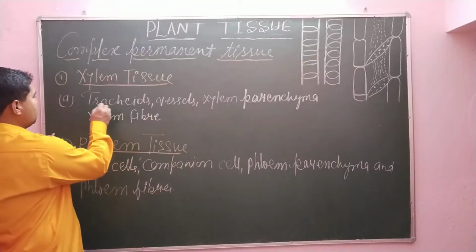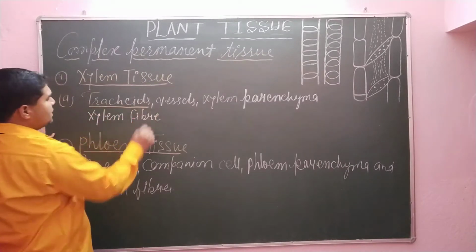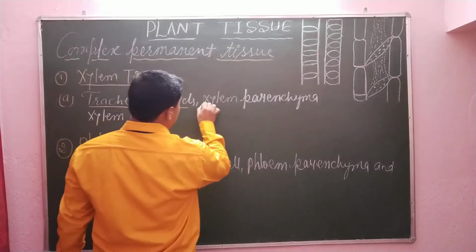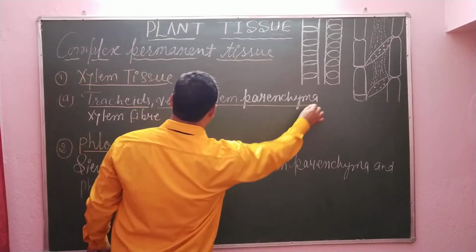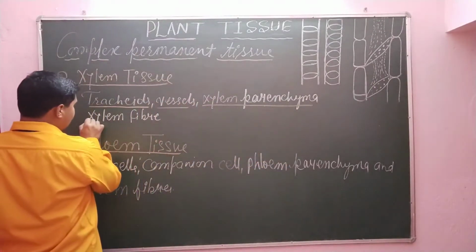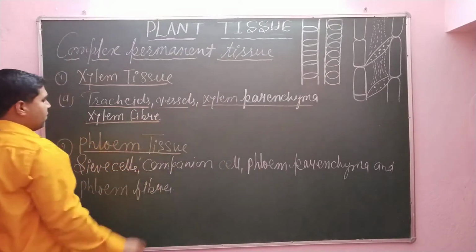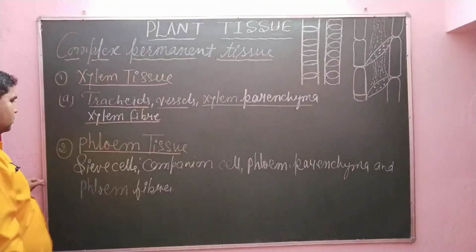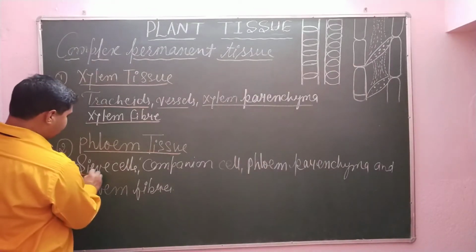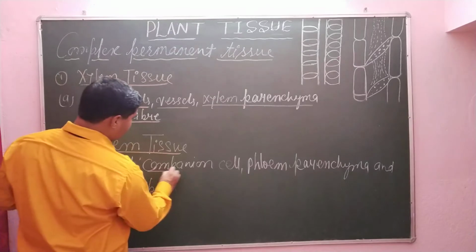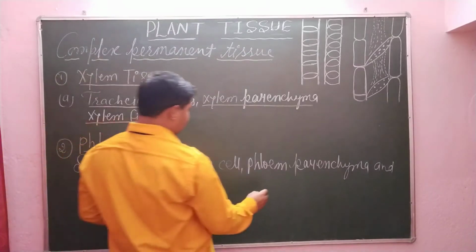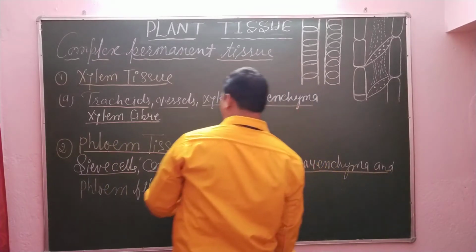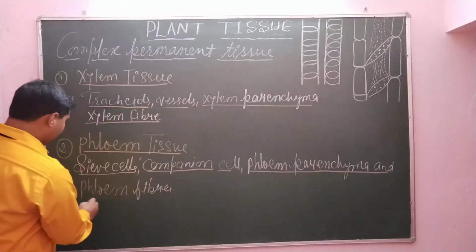So xylem tissue is made of tracheids, vessels, xylem parenchyma and the xylem fiber, whereas the phloem tissue is made of sieve cell, companion cell, phloem parenchyma and phloem fiber.